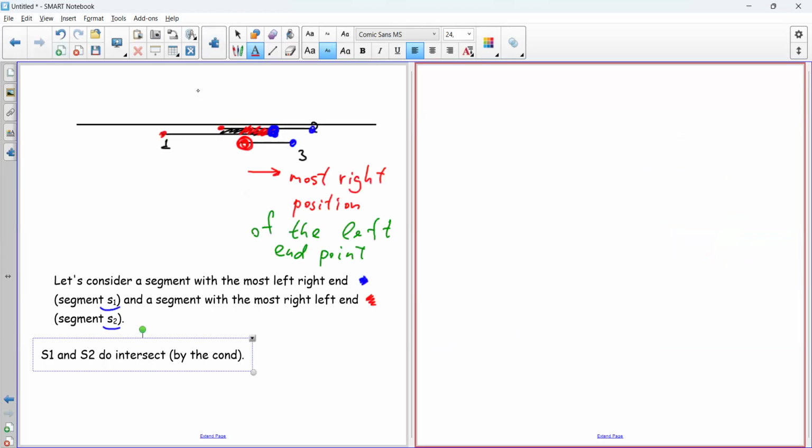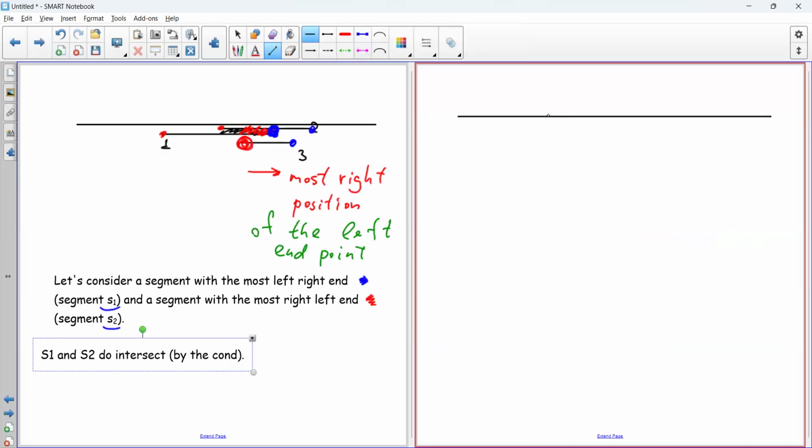So they are situated on the line somehow like this.